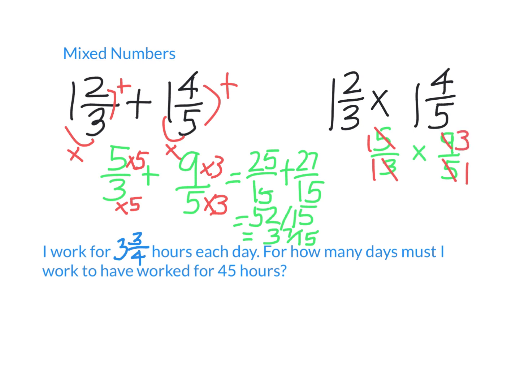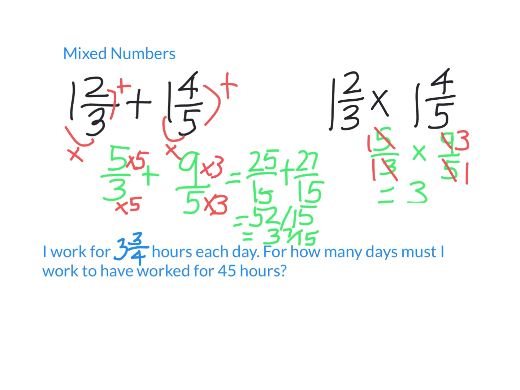I can cancel when multiplying to make the multiplications easier. So now I just have 1 times 3 on the top, which is 3. On the bottom is 1 times 1. But 3 over 1 is not simplified. 3 over 1 is just 3, because 3 divided by 1 is 3. So I write this as my answer because that is simplified.